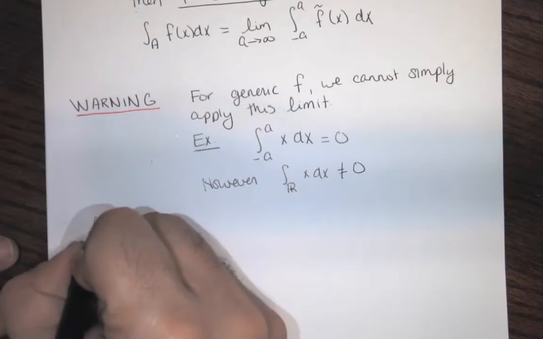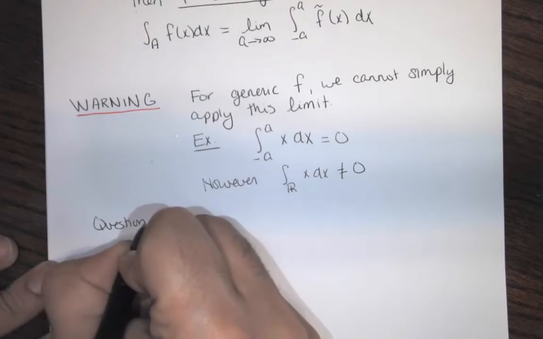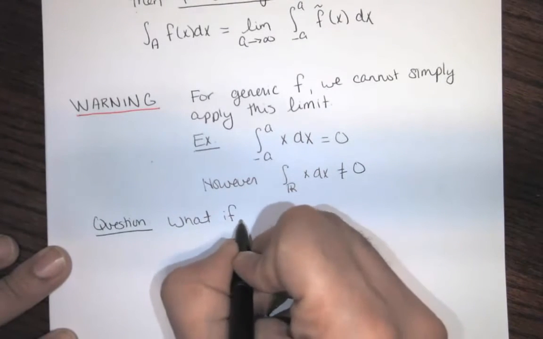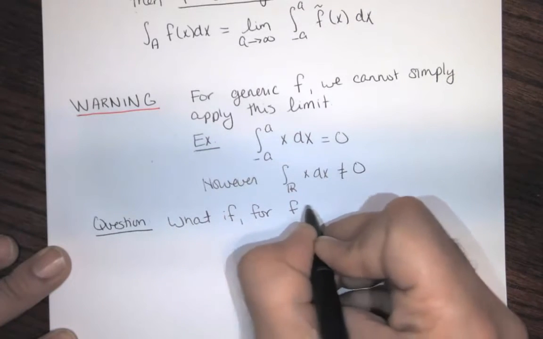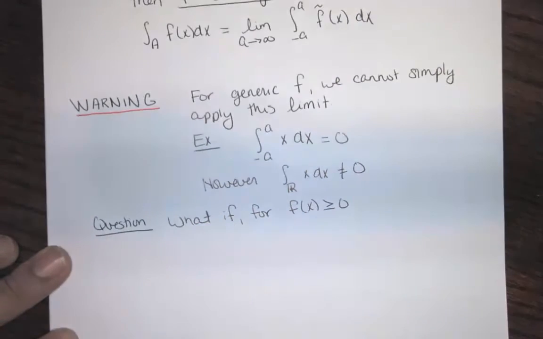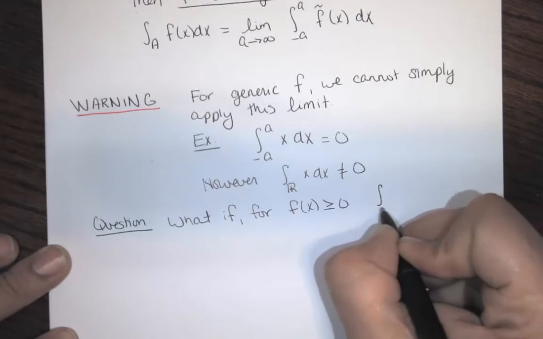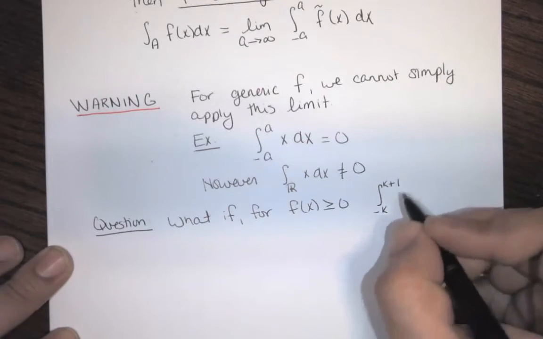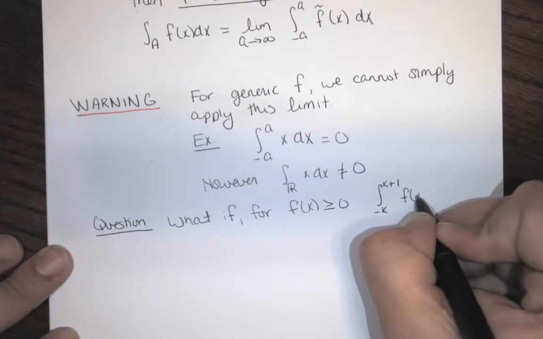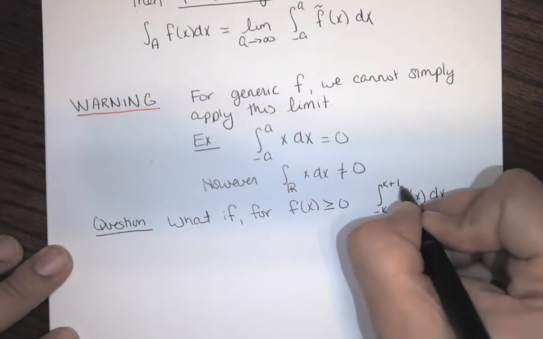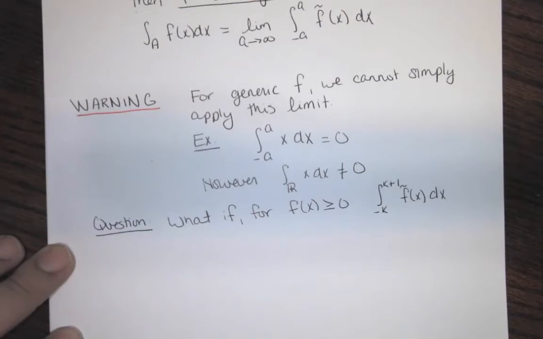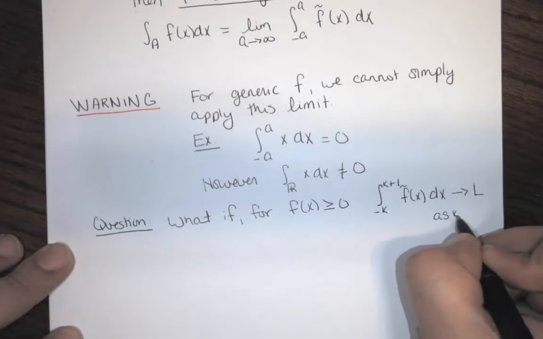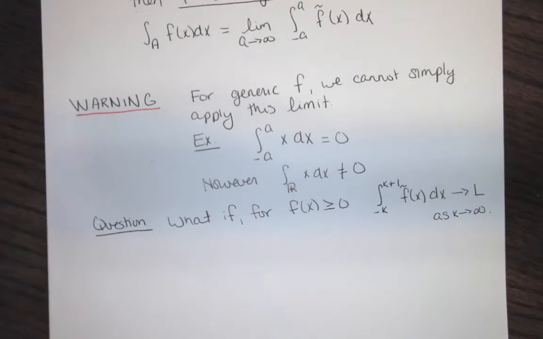In other words, what if for a non-negative function this converges to some limit as k goes to infinity?